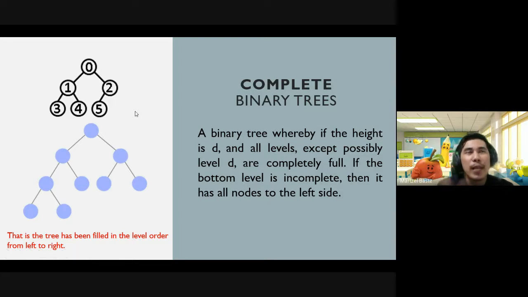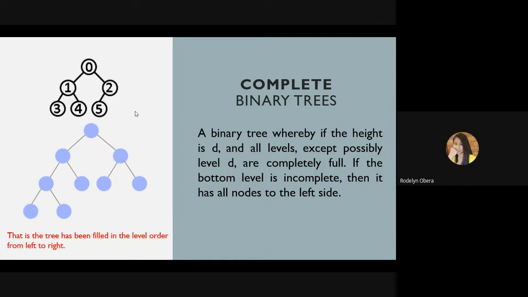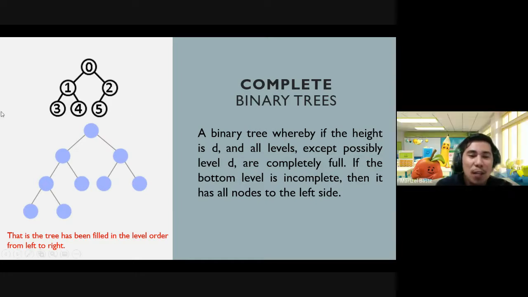So, a complete binary tree is something that is ready to become a full binary tree. Example: if I have a left subtree here with a node here, can it be called a complete binary tree?